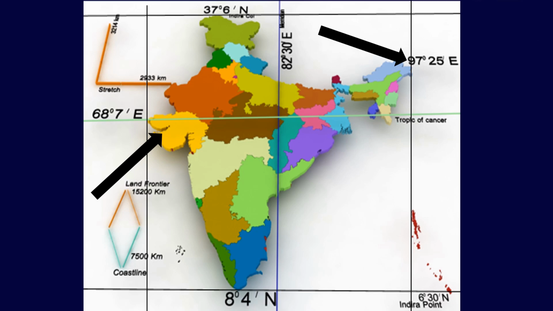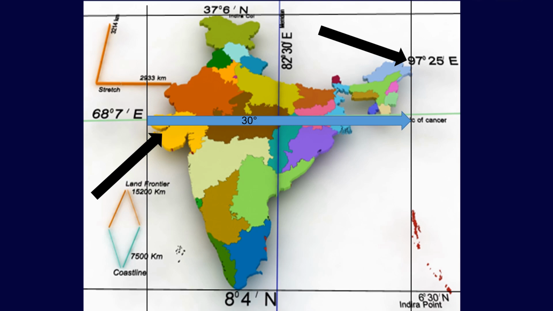Between Arunachal Pradesh and Gujarat there is a 30 degree difference, and that is the reason the sun rises 2 hours earlier in Arunachal Pradesh than in Gujarat.